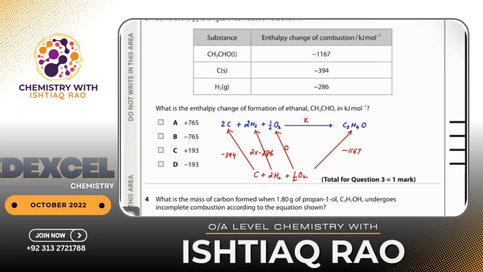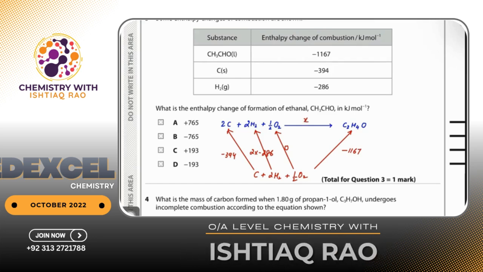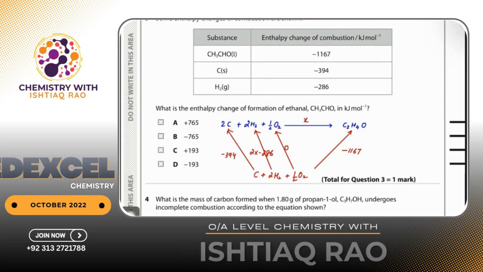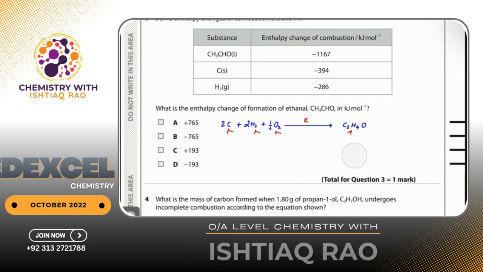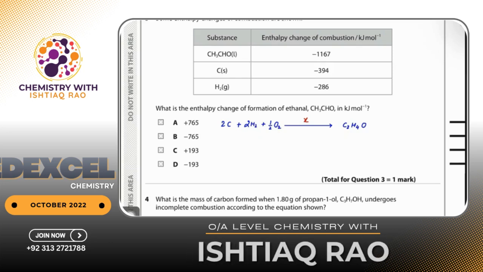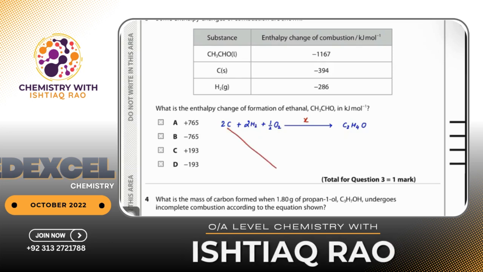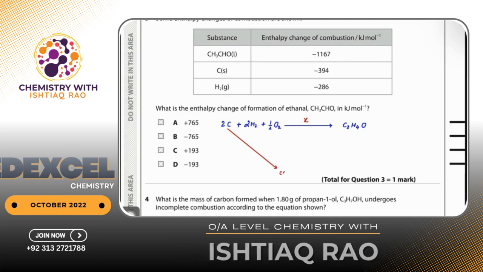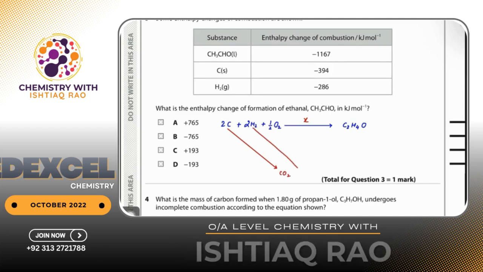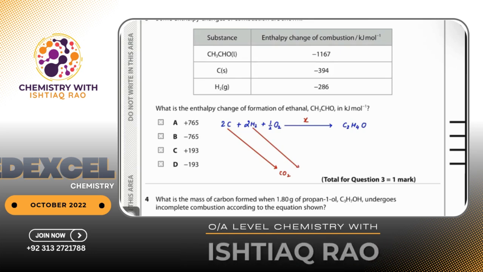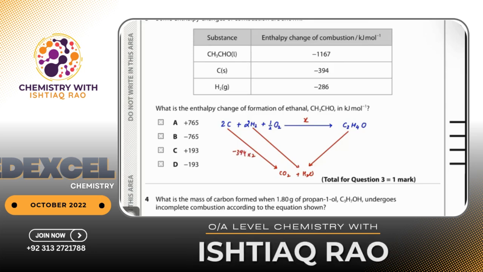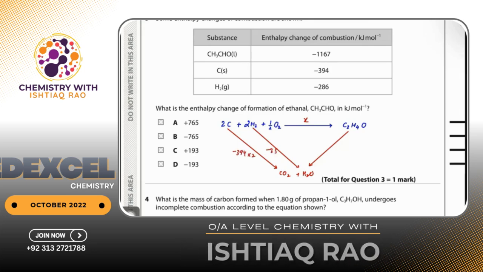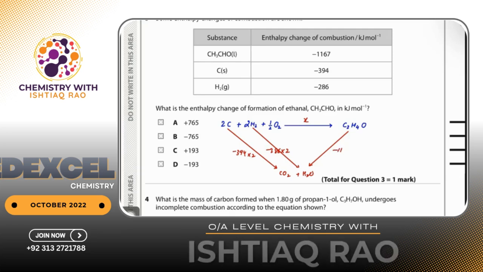We have to find out formation of ethanol, and the enthalpy change of combustion is given. Wait, so when I combust it, I would be getting carbon dioxide and water. Since the energies are given, that is going to be 394 multiplied by 2, minus 286 multiplied by 2, and it's going to be minus 1167.